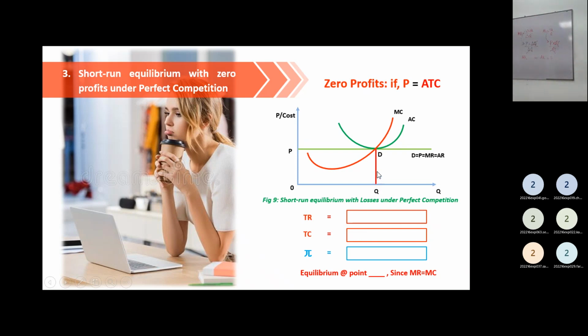Again, we are moving along this curve. Now, you could see that at this point, we are going to meet both our average revenue curve as well as average cost curve. So our average revenue is also equal to P, and average cost is also equal to P. Accordingly, if you multiply this P by your quantity, you are getting both your total revenue and total cost, which is the same.